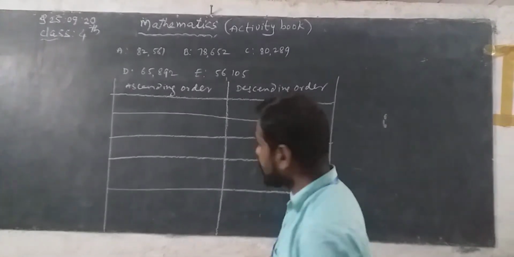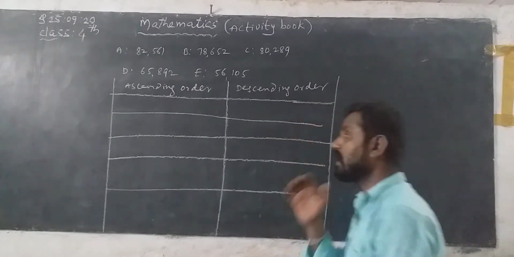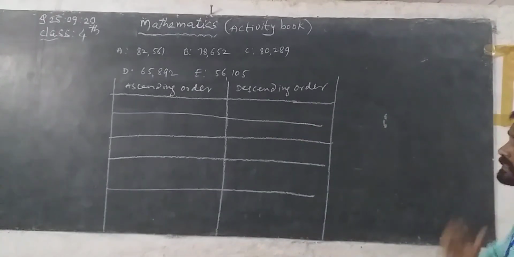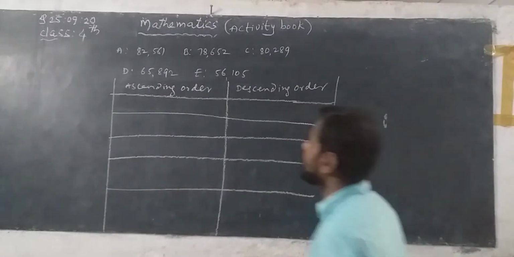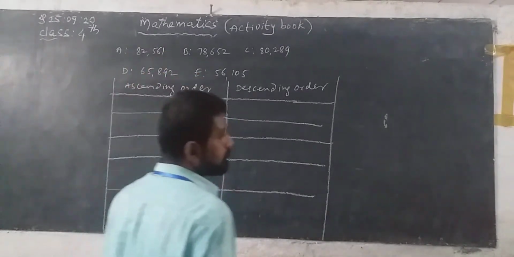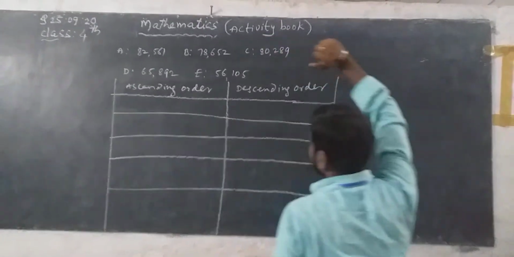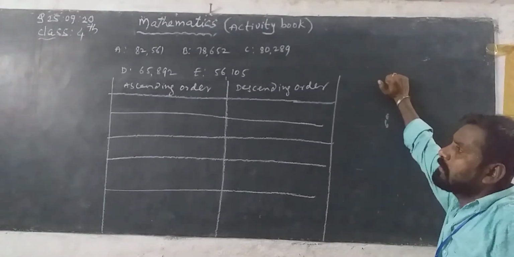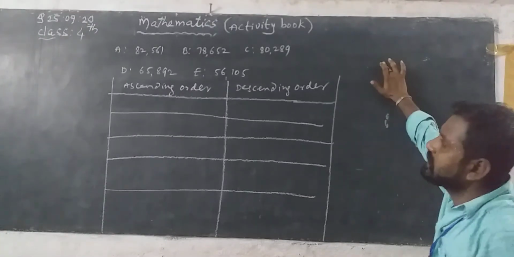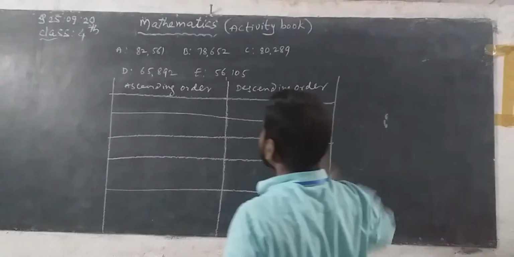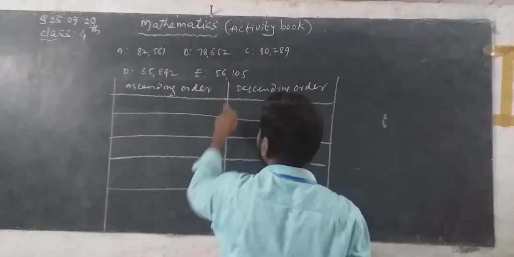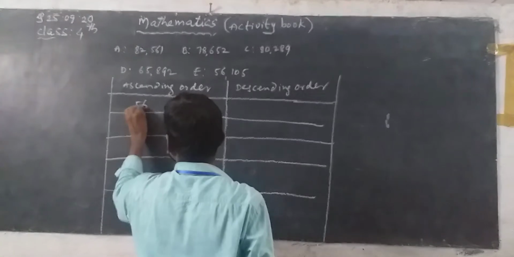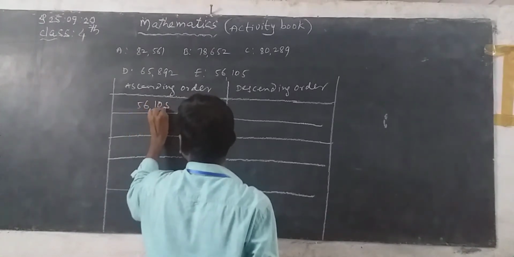Ascending order means arranging the numbers from smallest to largest. In the given 5 factories, so produced toys. Here you can arrange the numbers in ascending order first. Which is the smallest number? See here, 56,105.